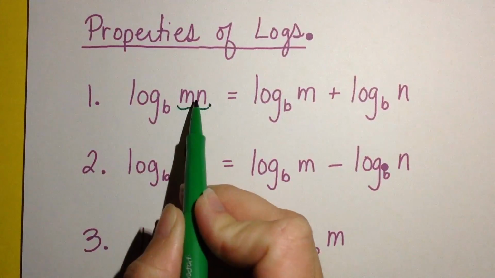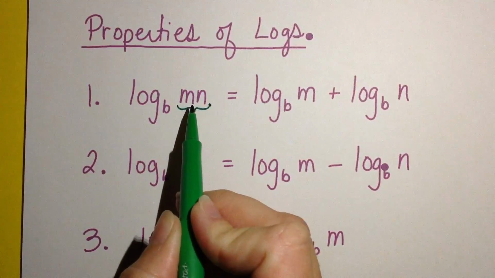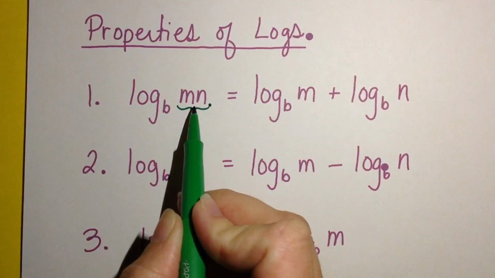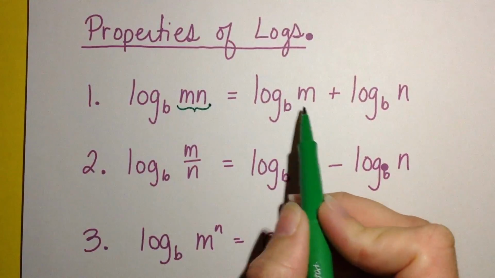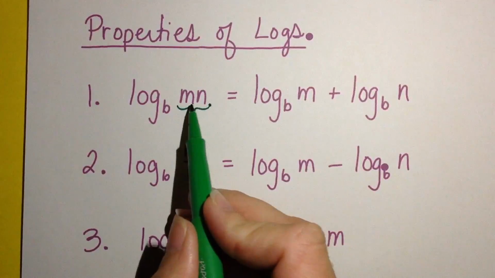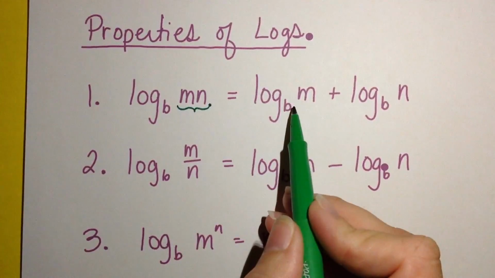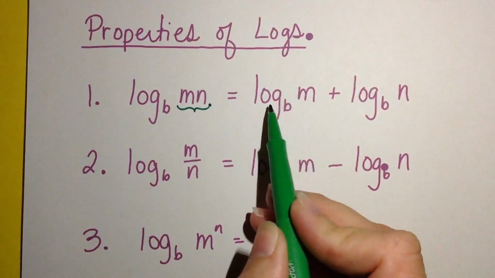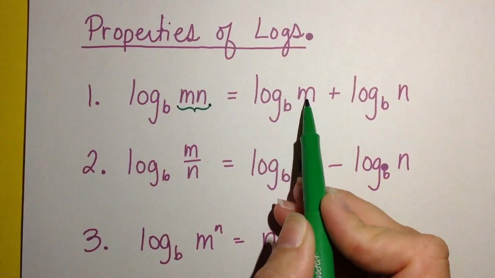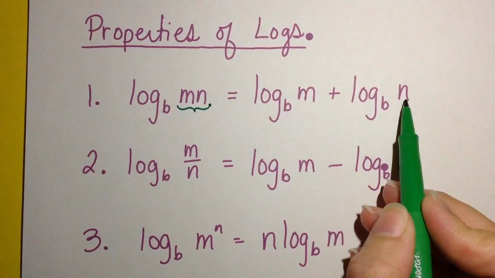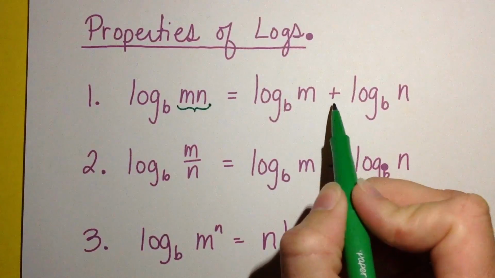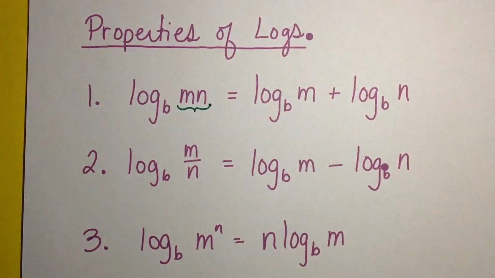If this is multiplication, then the property says that you can give each one of these factors its own log term. So you do log base b of the first factor, log base b of the second factor, but you have to put addition in between those two terms.